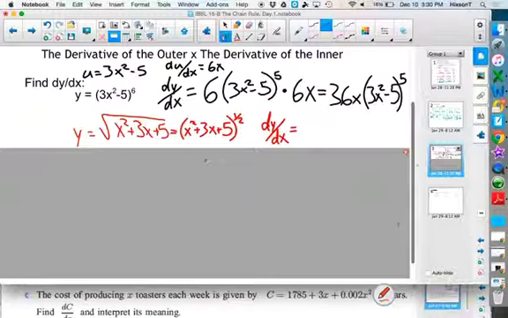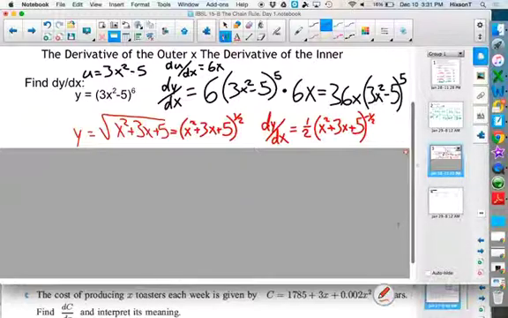What's the derivative of something to the 1/2 power? 1/2 times the something, the x squared plus 3x plus 5, to the negative 1/2. Subtract 1 from the exponent.